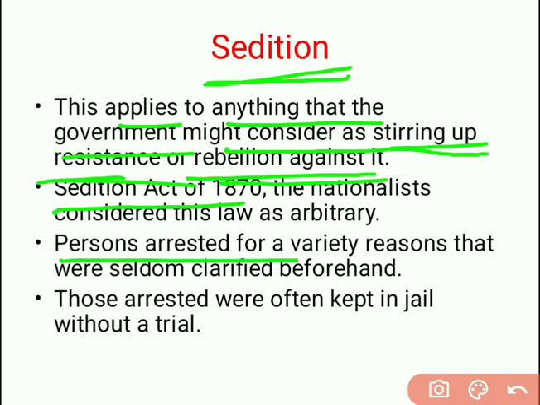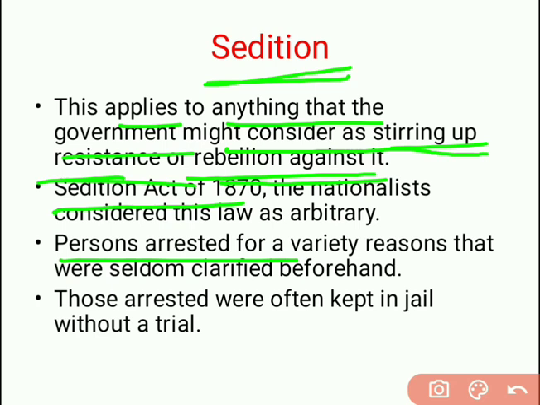Persons were arrested for a variety of reasons. Those who were suspected were also arrested, and there was no clarification why they were being arrested. No warrant, no order, no inquiry.